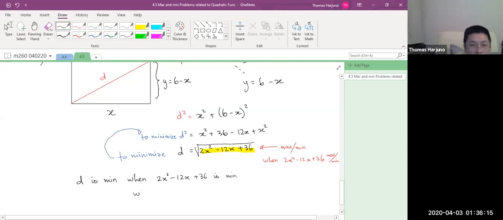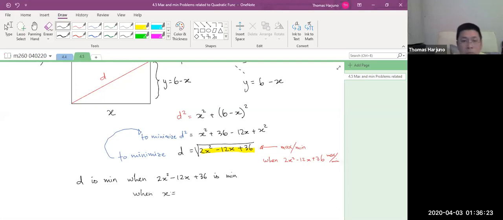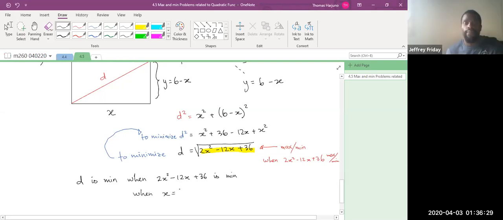And that happens when x equals negative b over 2a.